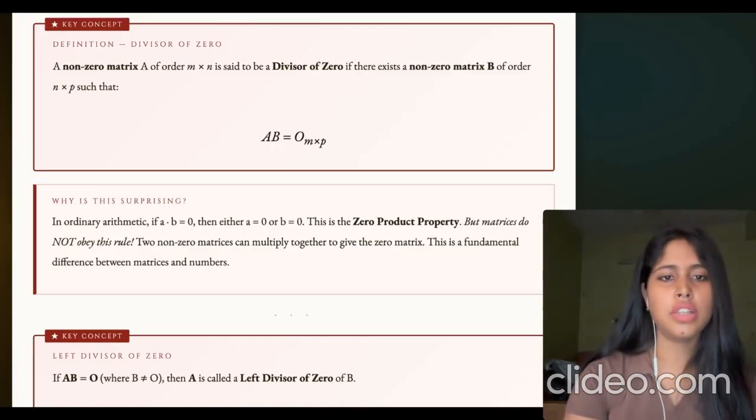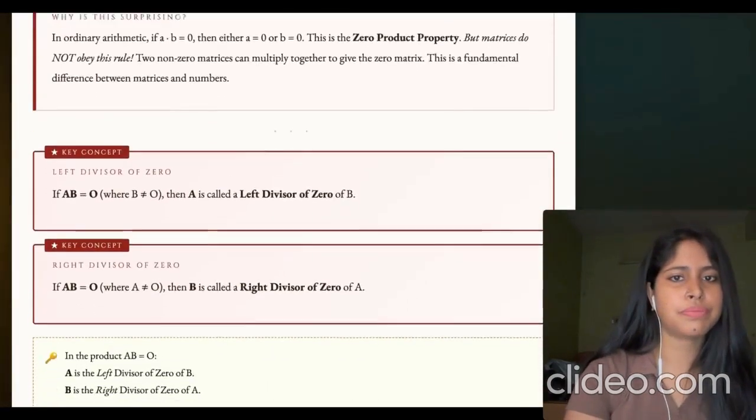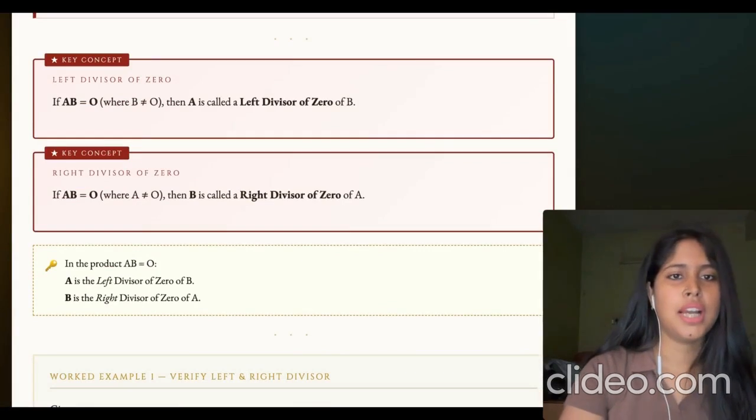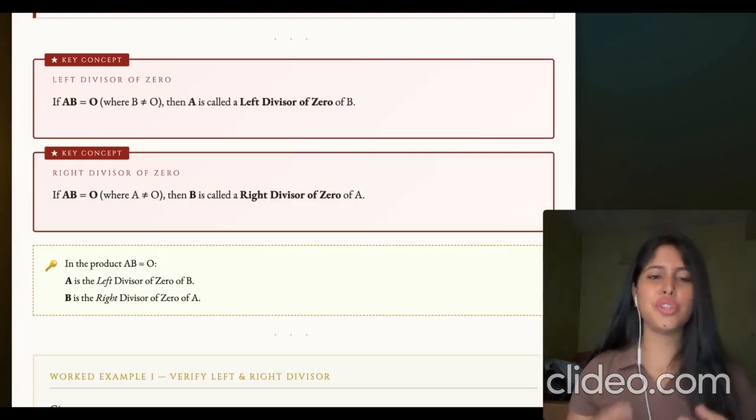Now we will start with something very important: the left divisor of zero. Here you need to be very careful, because there are two types of divisors of zero, and confusing them is one of the most common mistakes students make.